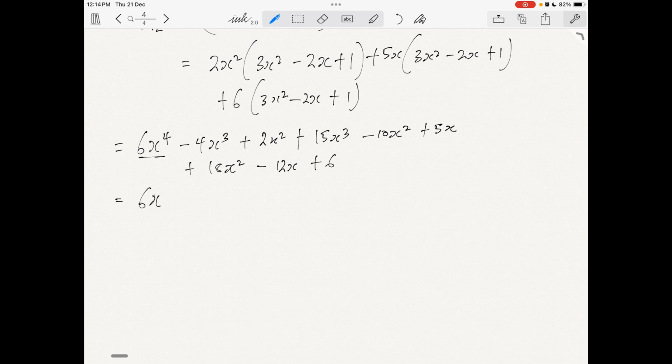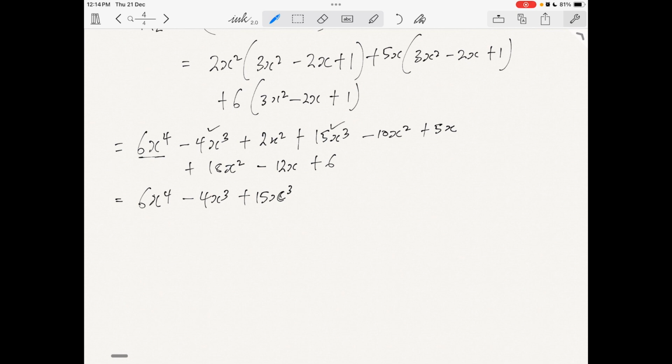Now, as usual, x raised to power 4 appears just once, so that is 6x raised to power 4. And we'll talk about x raised to power 3. We have minus 4x raised to power 3, plus 15x raised to power 3. And then let's talk about x raised to power 2.